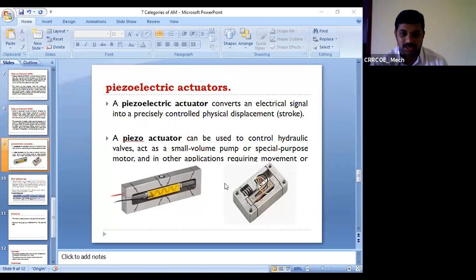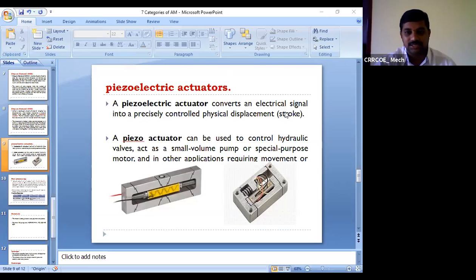These are the piezoelectric actuators. We have thermal actuators also, but specifically, piezoelectric actuators have the better advantage compared with thermal actuators. A piezoelectric actuator converts an electrical signal into a precisely controlled physical displacement.